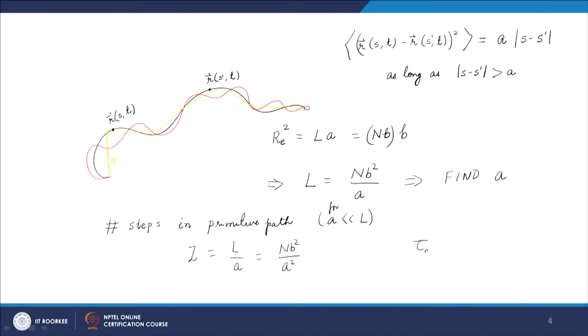So, let us say tau d is the relaxation time for the entangled system, and let us say tau r is what we get from the Rouse model. We can get some relation that is a function of Z, and I am only giving one example of the relations we get within certain approximations.